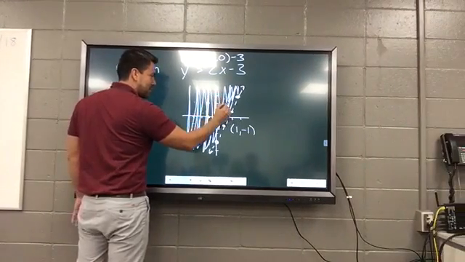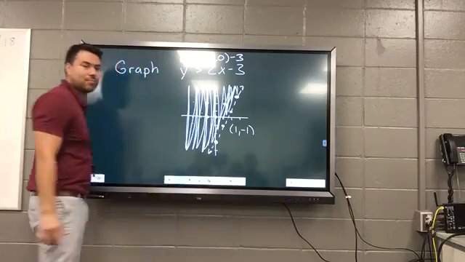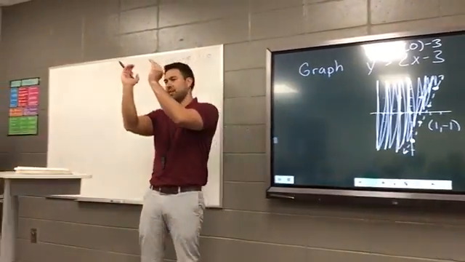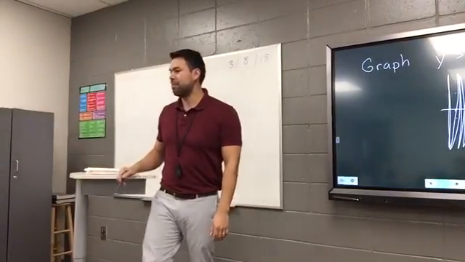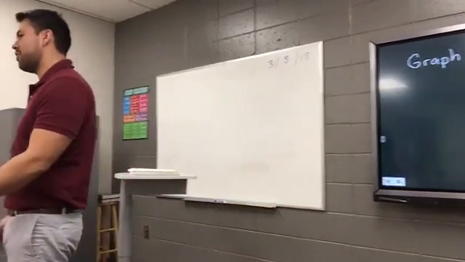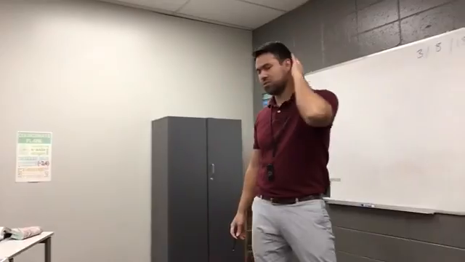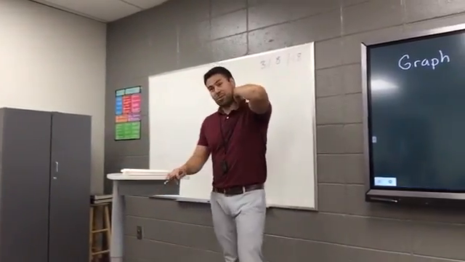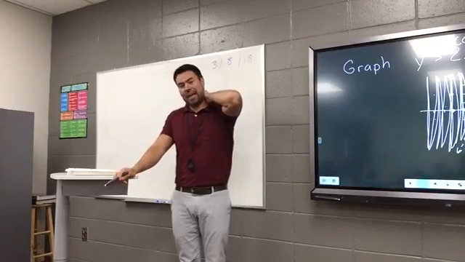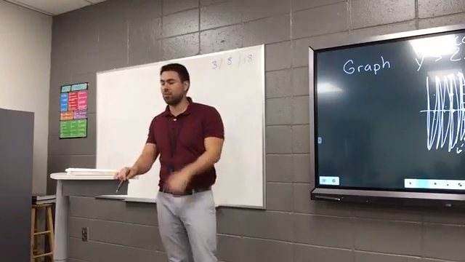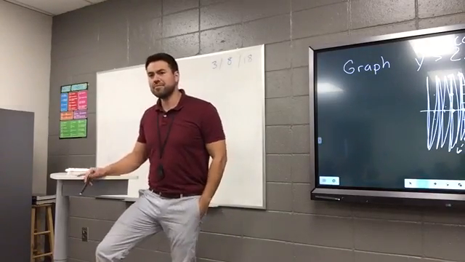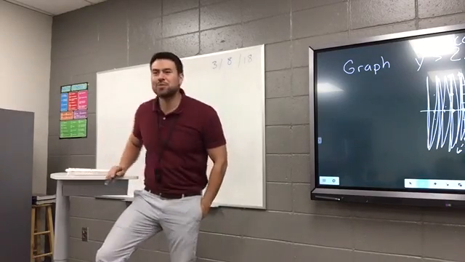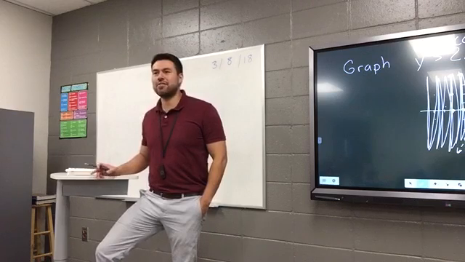Get the ordered pair. You can go like -1, 2, or 0, 5. Pick a point and check if it works.